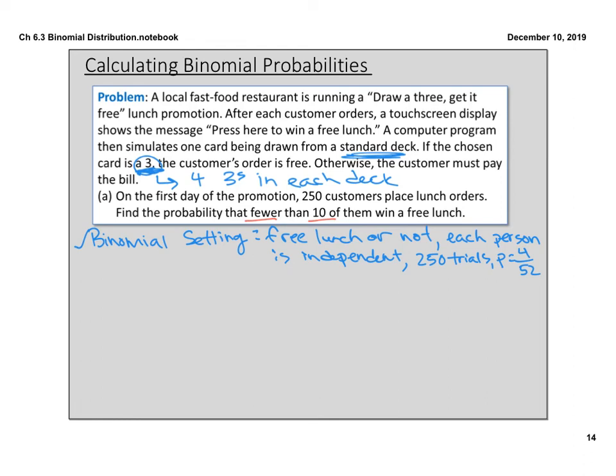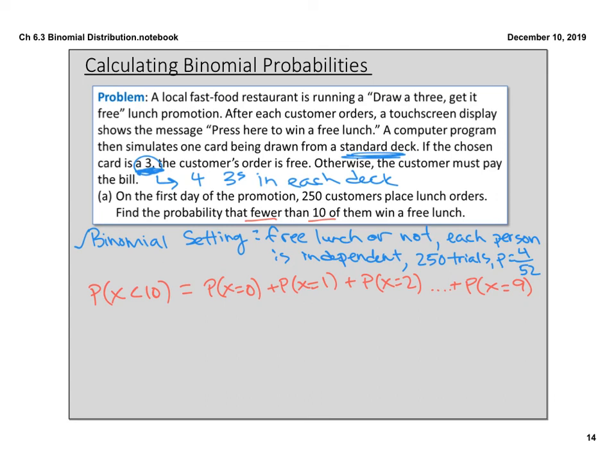The next thing I would think about, so I want the probability of x being less than 10, which means I need the probability of x equaling 0 plus the probability of x equaling 1 plus the probability of x equaling 2 all the way up to the probability of x equaling 9. Okay, I'm adding all those things up. Now, what that means is I would have to do the binomial distribution formula 10 times over.